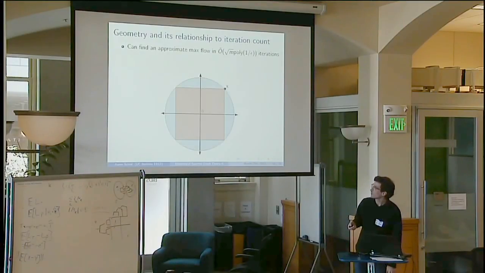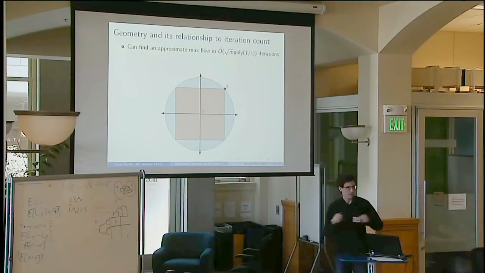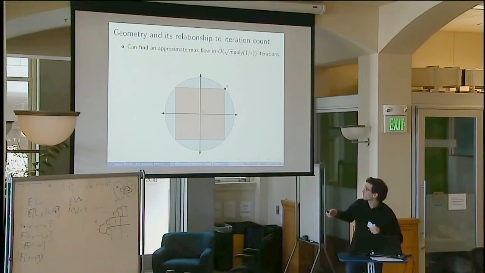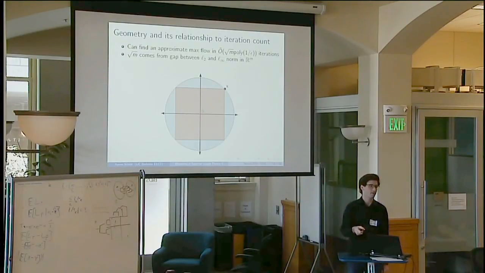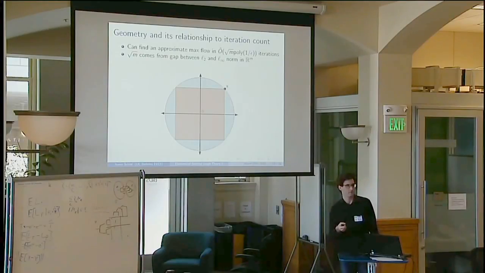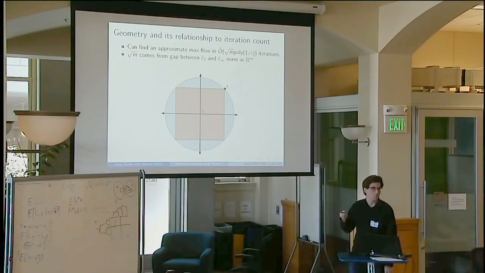Recall that electrical flow is finding an L2 minimizing flow, and max flow is finding an L infinity minimizing flow. The maximum ratio between the L2 and L infinity norm of a vector plays a key role in bounding the runtime.